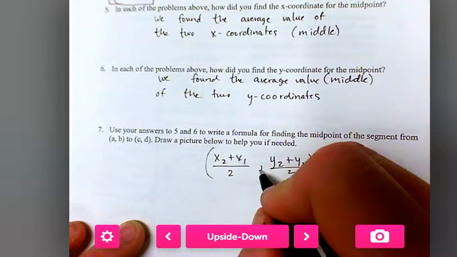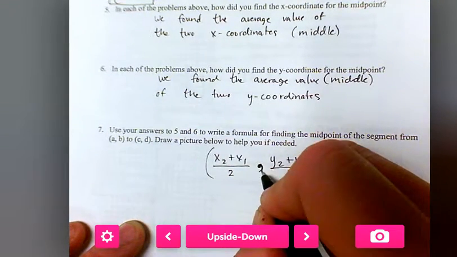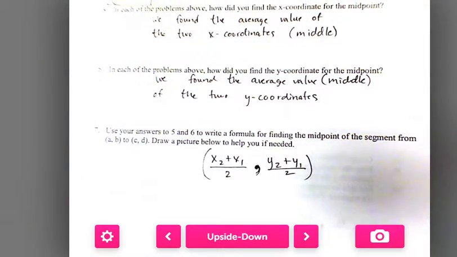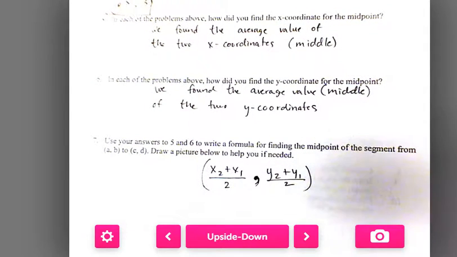Again, this is a comma, which should give you a coordinate, not a single value. So don't add them, multiply them, or subtract them. Everyone feeling okay there? I'll leave this up for a little while so that you guys can get it down if you want to.